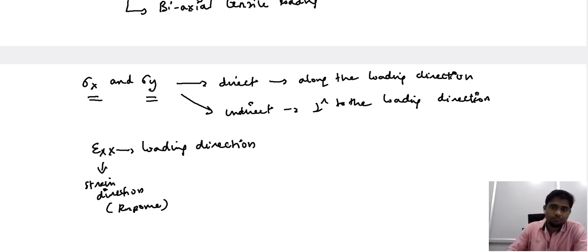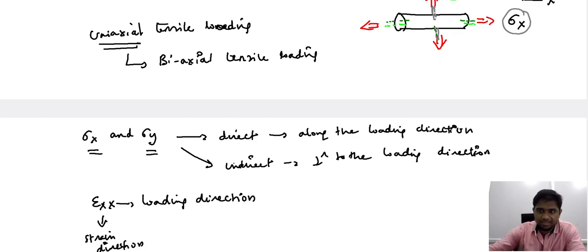Because of the complexity associated with the loading condition, we need an appropriate parameter to describe the strain, so we have strains with two subscripts. The first subscript describes the direction of the response. The second subscript describes the loading direction. Now let us begin with sigma x.